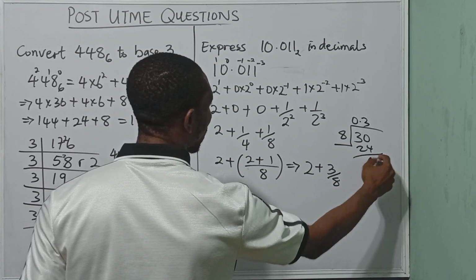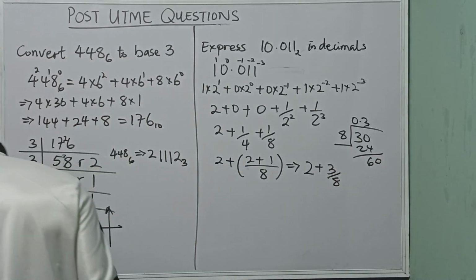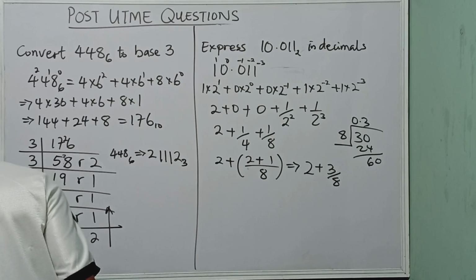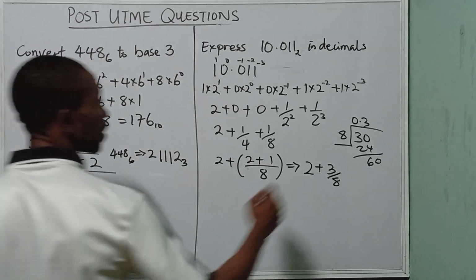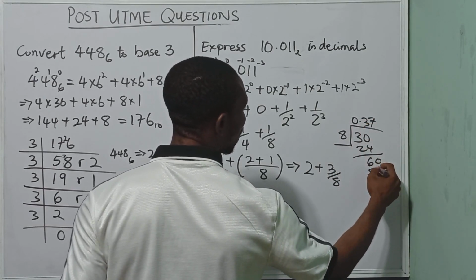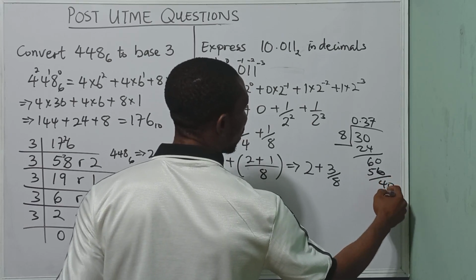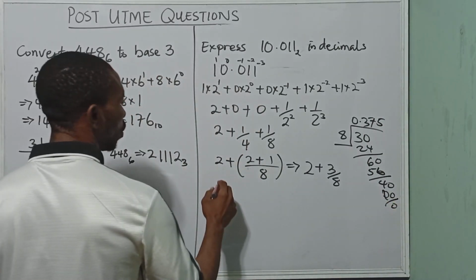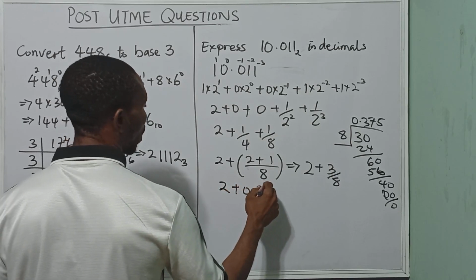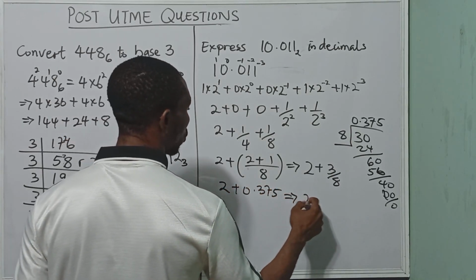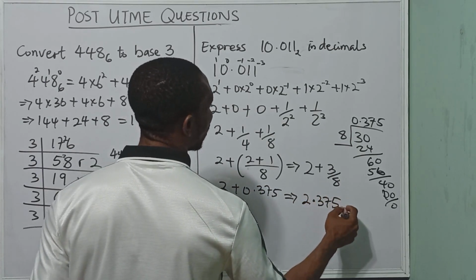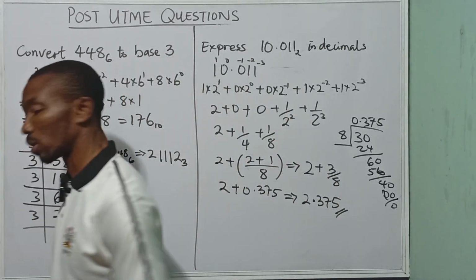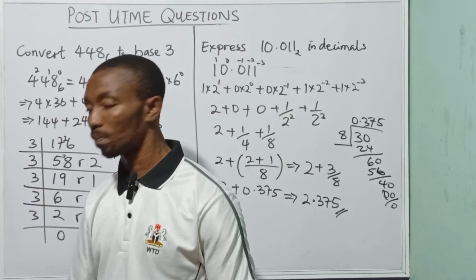Now this will give us 60. 8 into 60 is 7, which gives us 56. Now this is 40. 8 into 40 will give us 5, making out 0. So this becomes 2 plus 0.375, which will give us 2.375 in decimals. So with this, we've solved our question of expressing it as a decimal.